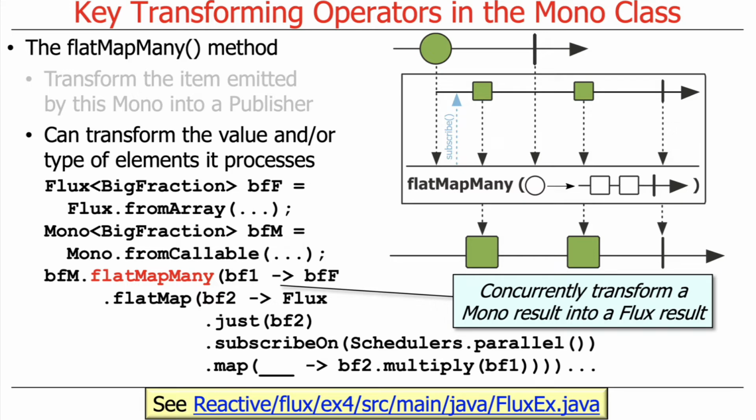So now we're saying when the mono completes and the flux completes, when both of those things have been created, then we're going to take the BF2, which is this flux, and for every element in the flux, in parallel in the background, multiply the BF1, which is what came back from the callable, the single element, by each of the elements in the flux one by one. So for every element that's in the flux, we take it and multiply it by the big fraction that came back from the mono.